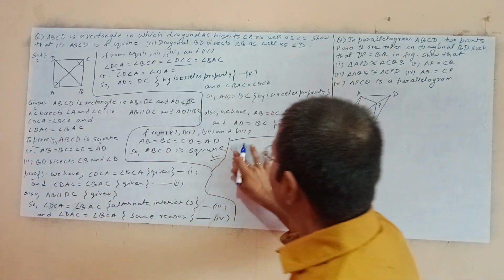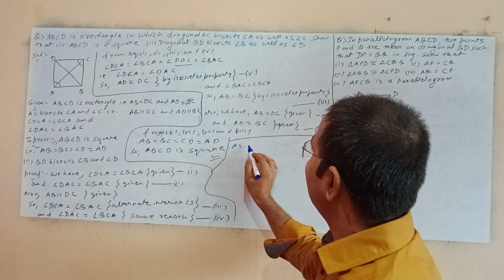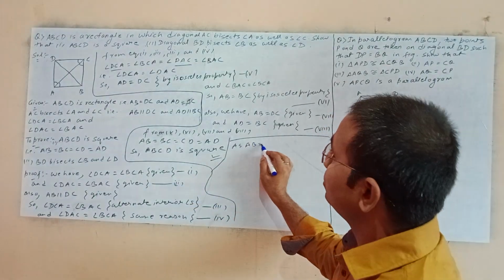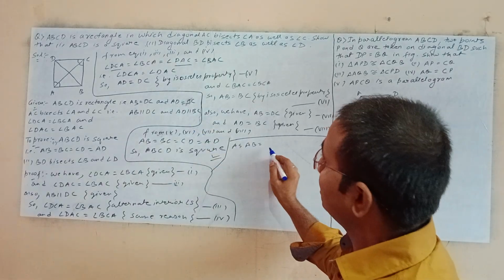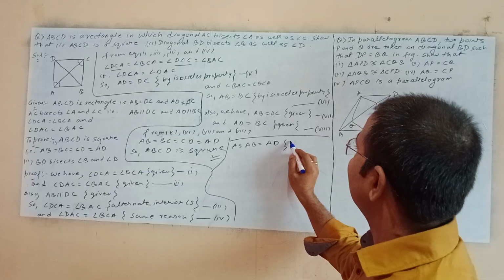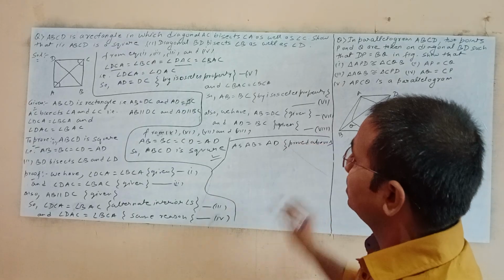Now you will write, as AB is equal to AD, proved above.